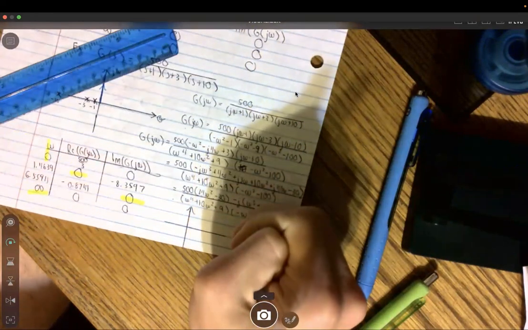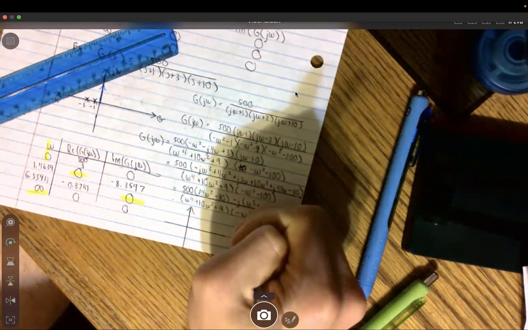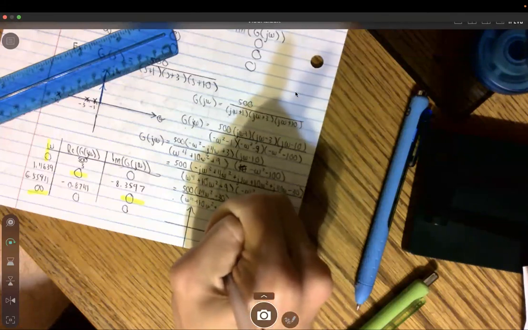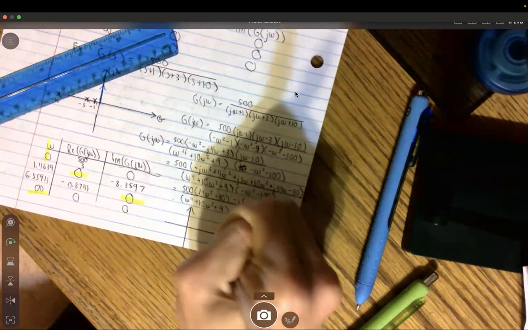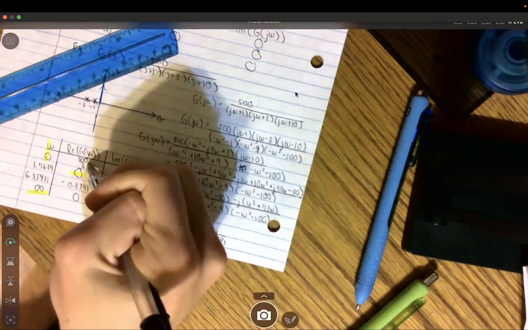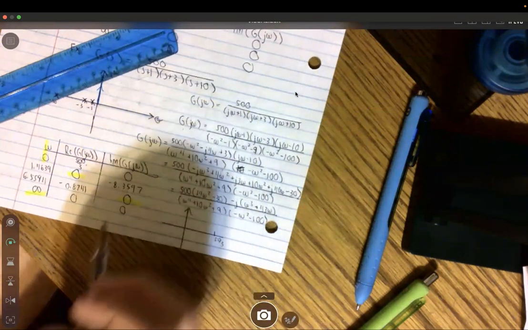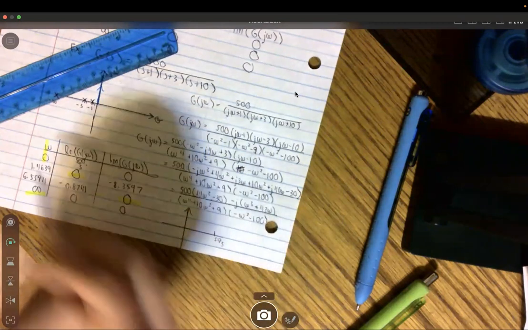So we're going to have intersection points where, when omega is 0, this would be our 50 over 3. So this would be the point right here where we have the first segment when we start at 0.